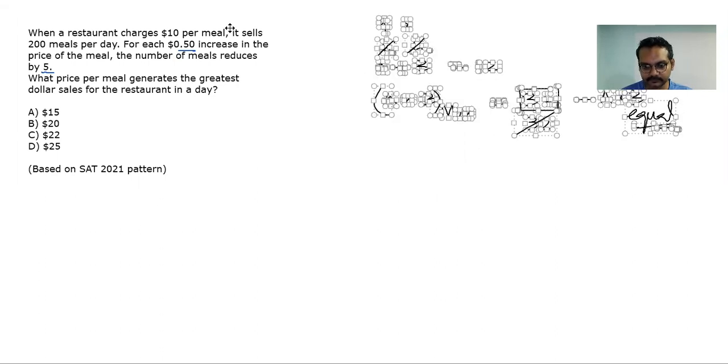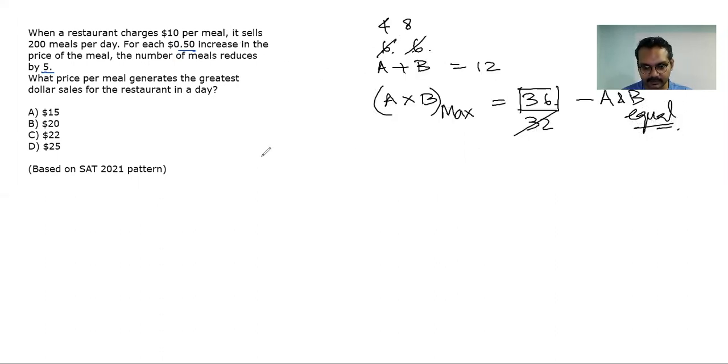So just like the previous case, we will redo that equation. So my dollar sales would be 10 plus 0.5x times 200 minus 5x, right? Now here, I need a case where the two quantities add up to a constant value, like 12 or something like that.